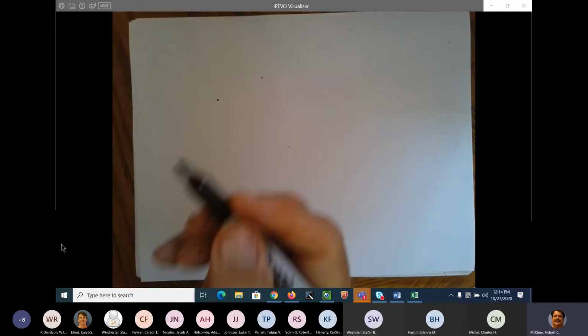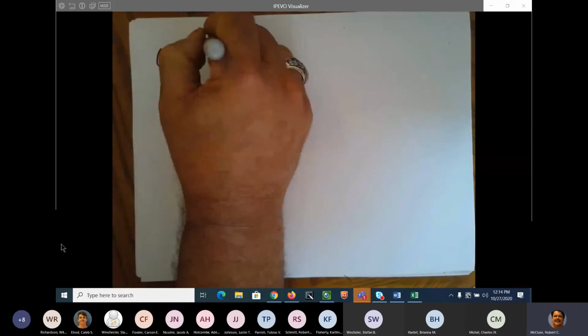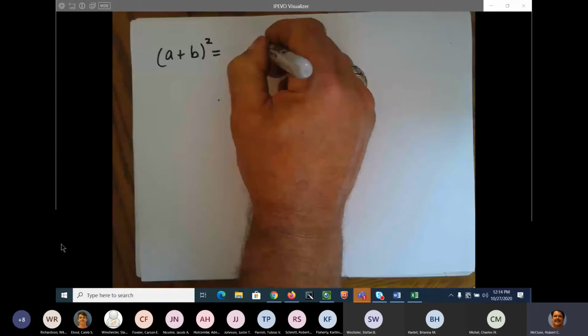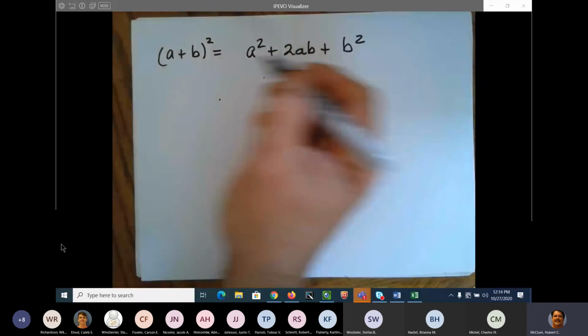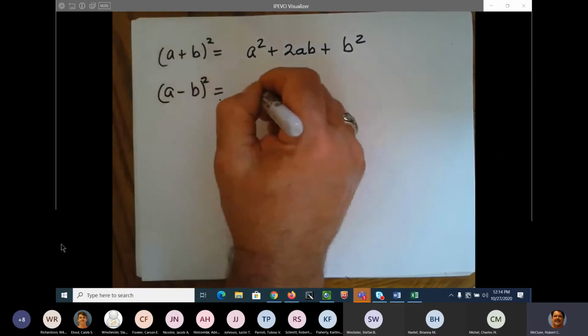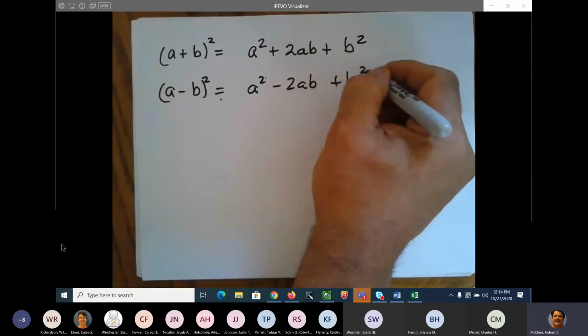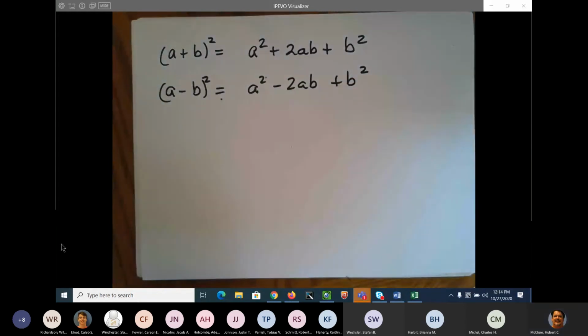Shortcut number 1. A plus B quantity squared is equal to A squared plus 2AB plus B squared. A minus B quantity squared is equal to A squared minus 2AB plus B squared. Who asked that question? Me. Okay, Miss Harbert.